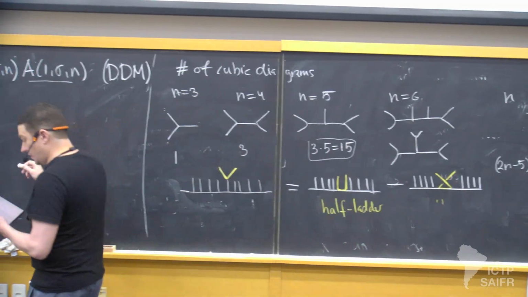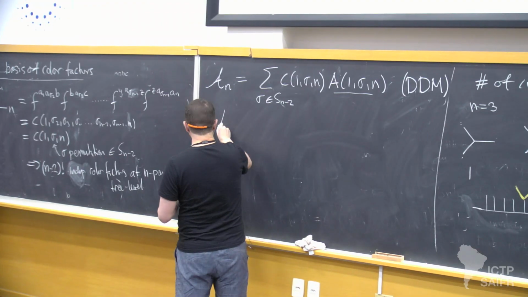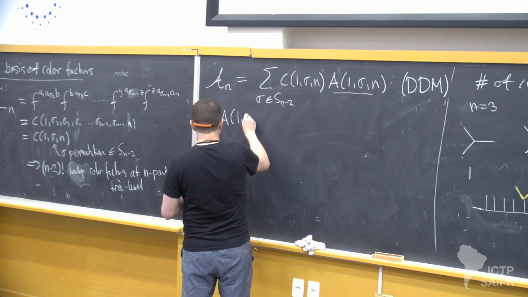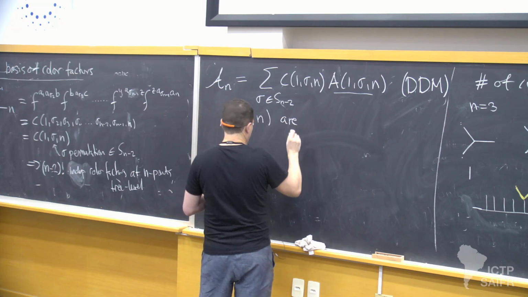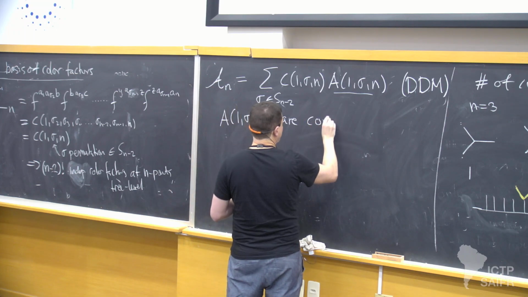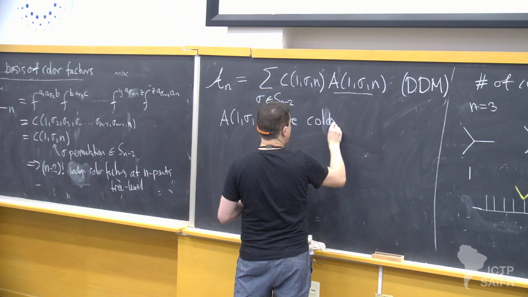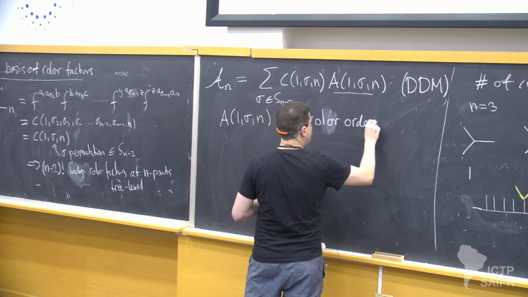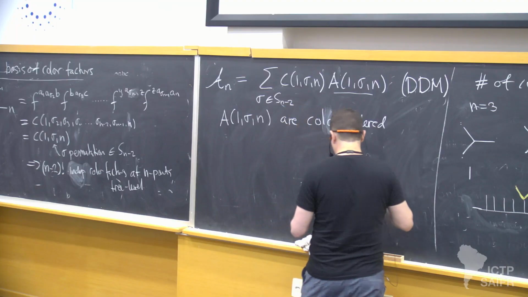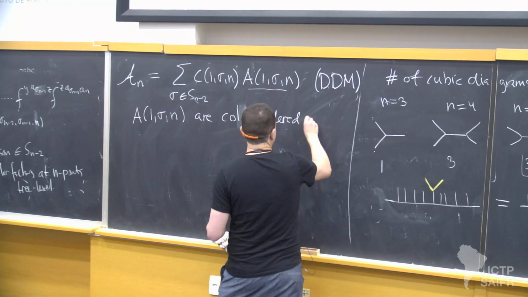So these coefficients here, A 1 sigma n, are known as color-ordered partial amplitudes.